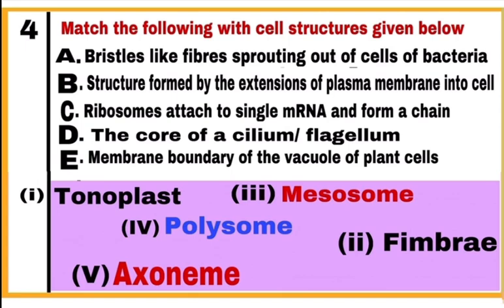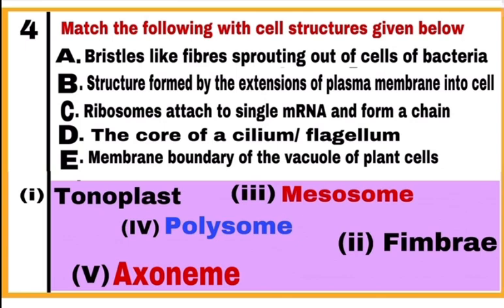A. Bristles like fibers sprouting out of cells of bacteria. These fibers are called fimbriae. In some bacteria, they help bacteria to attach to rocks in streams and also to host tissues. B. Structure formed by the extension of plasma membrane into cell.